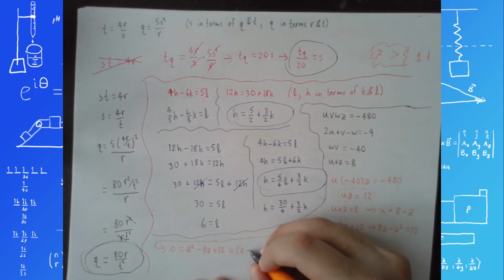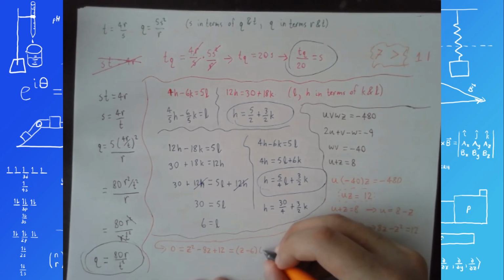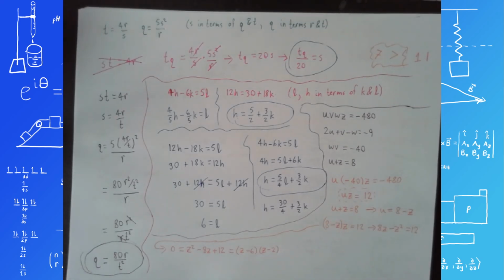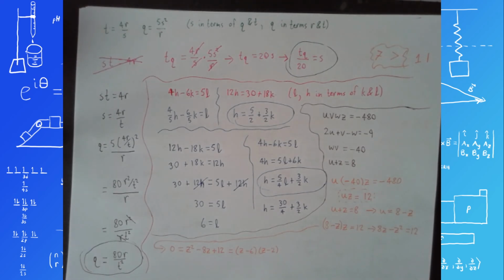Z minus 6 times z minus 2 is equal to z squared minus 8z plus 12. Negative 2 times negative 6 gives me positive 12, and negative 6z minus 2z gives me negative 8z. So we are good there.